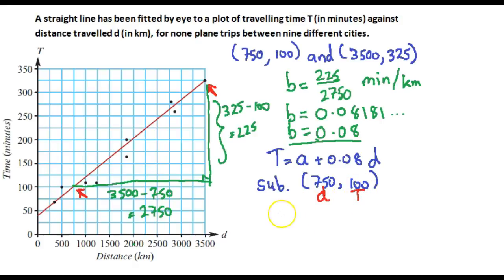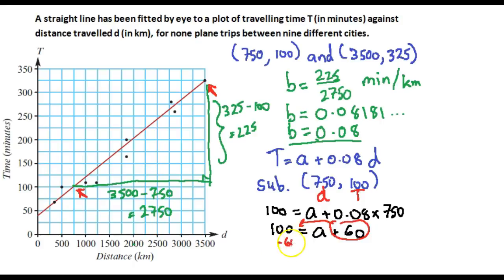Replacing those coordinates, we get 100 equals a plus 0.08 times 750. And so 100 equals a plus 60. Change the side, change the sign.